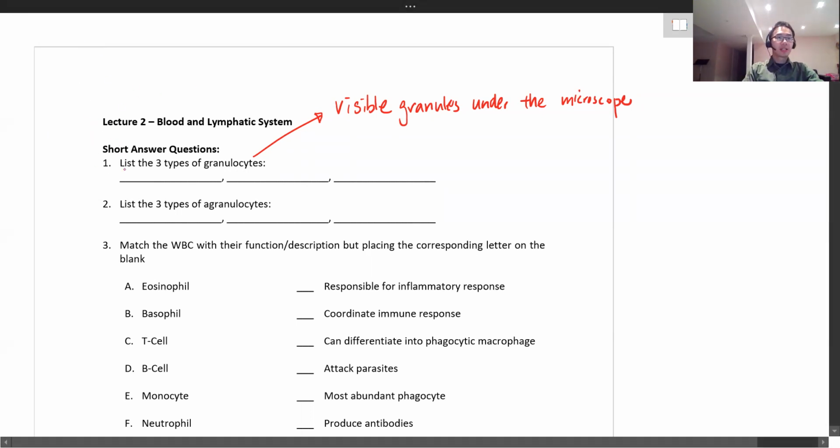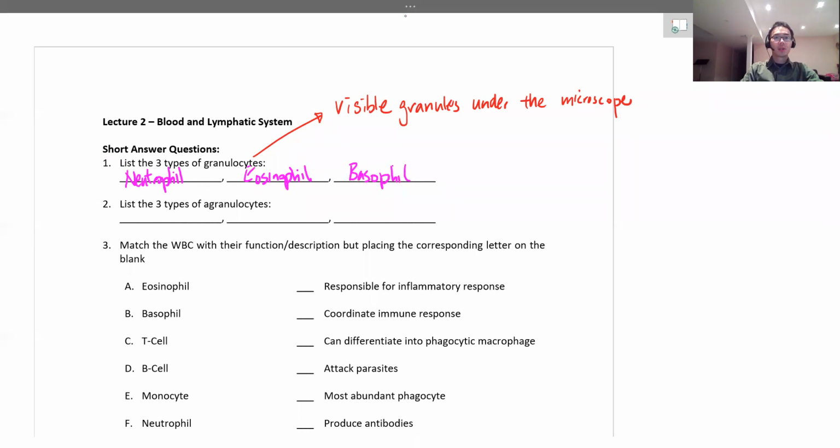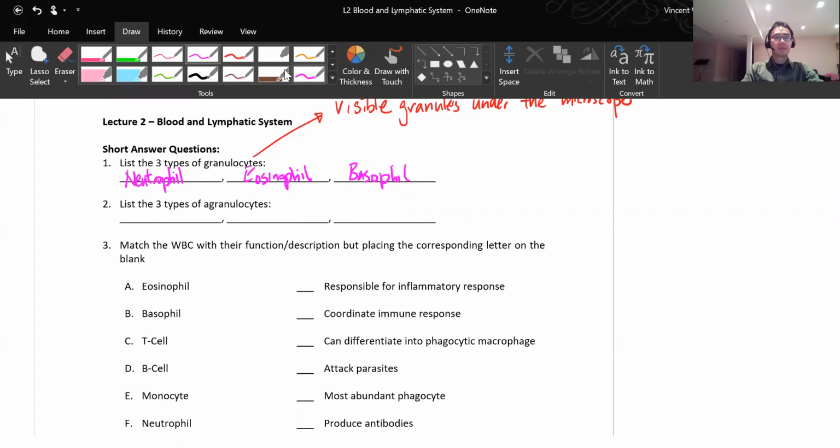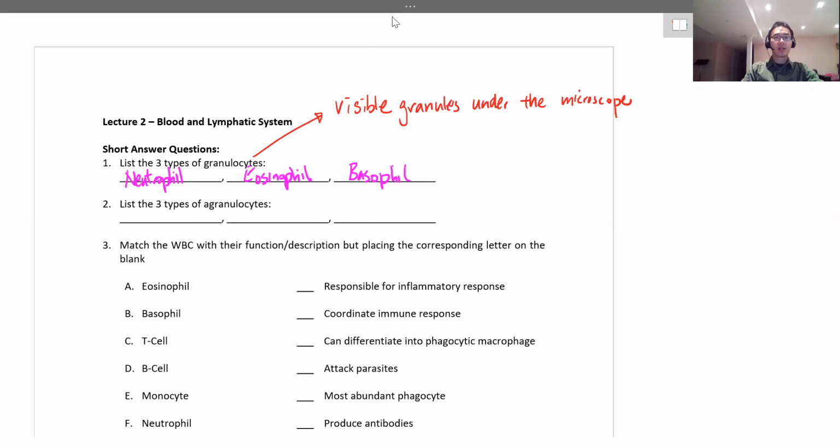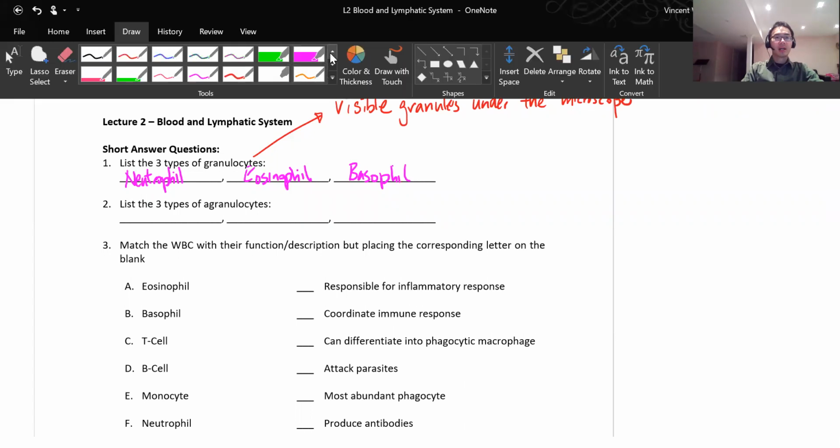Thank you, Jonathan. So there is the neutrophil. Okay. There is the eosinophil. And then there is also going to be the basophil. Okay. So what do they do? Well, the neutrophils, they are the most common type of white blood cells.